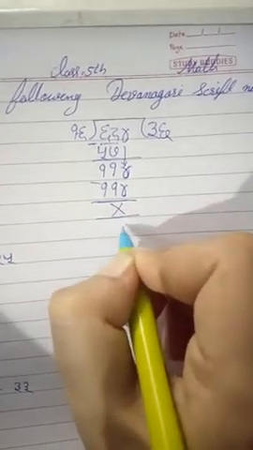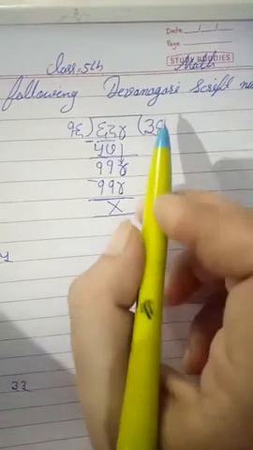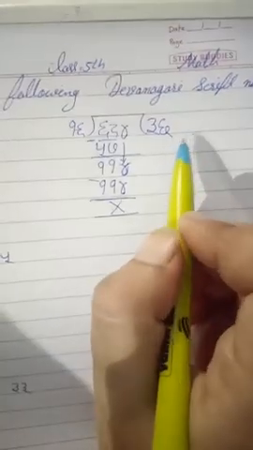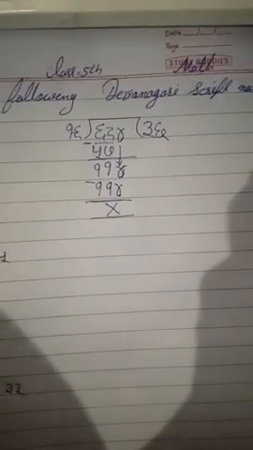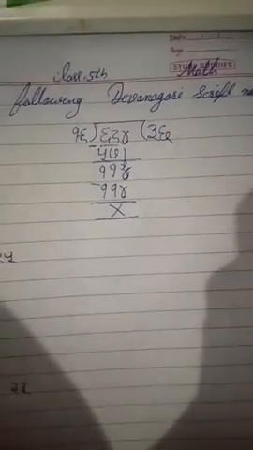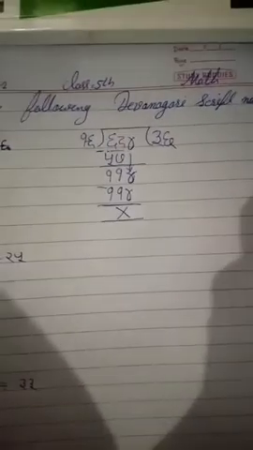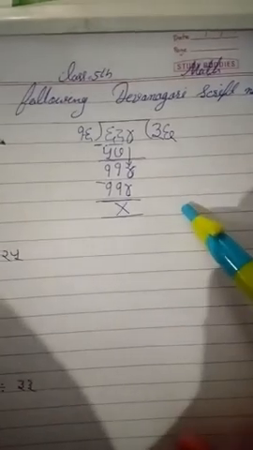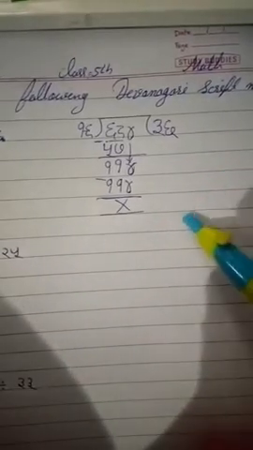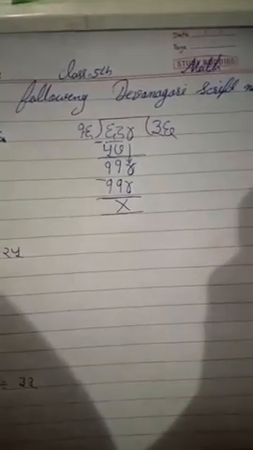Okay, there is no remainder, so the quotient is 36. 684 divided by 19 is 36 times. Complete this question. Write down in your fair notebook in the same way.